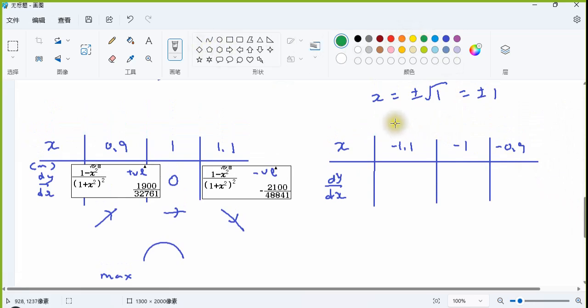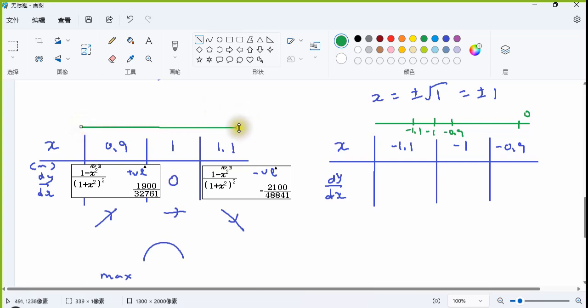We have the 0 somewhere here, then 1 is here, then this is negative 1, negative 0.9, and negative 1.1. Okay, for positive, no problem. So for positive, we will have a number line like this. Then we have 0 here, then 1 here, then 0.9 and 1.1.